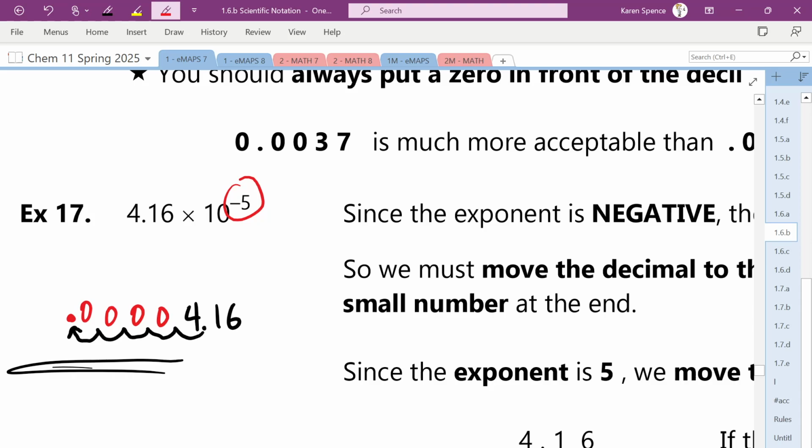And so that is 0.000416. And now you see why we've got scientific notation, because this gets awkward. Oh, did I do it? Hang on. 1. Oh, yeah. 4 zeros. So sorry. Thank you. Good on you for catching it.